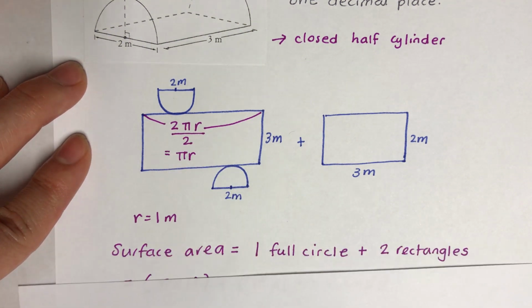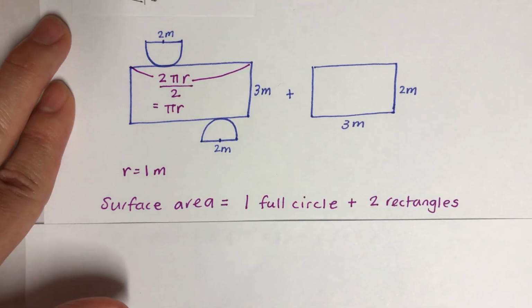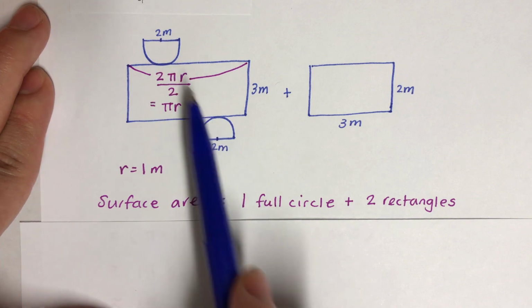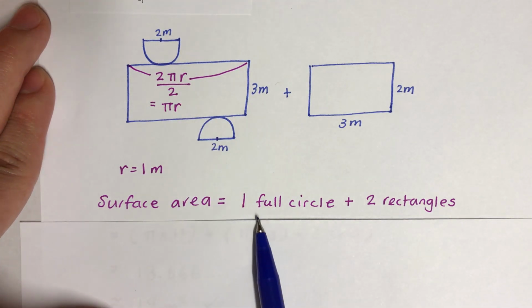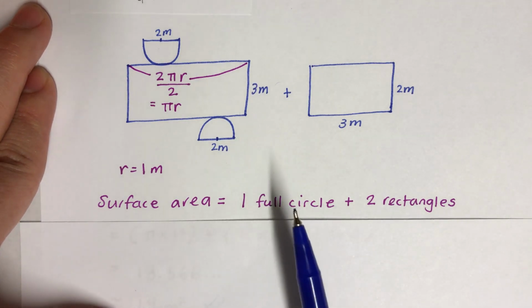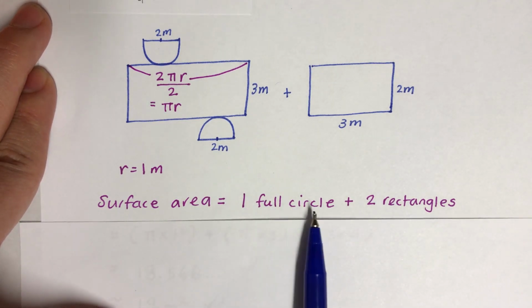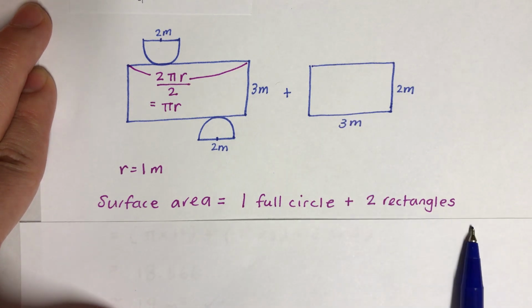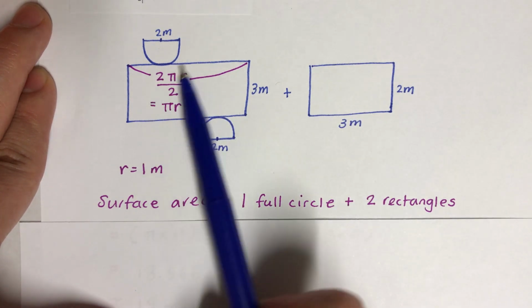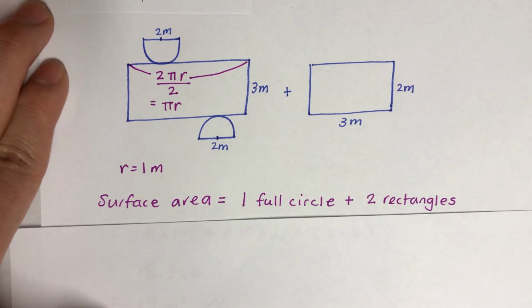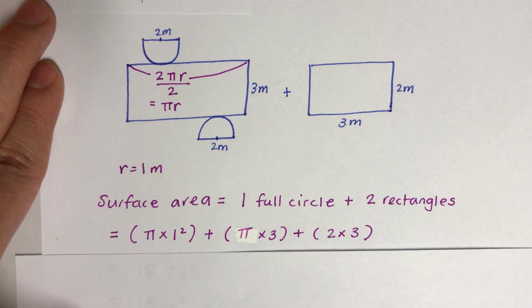And if you put this together, you'll get one full circle. So the surface area for a closed half cylinder will be the area of one full circle plus 2 rectangles, one on the top cover and one on the base.